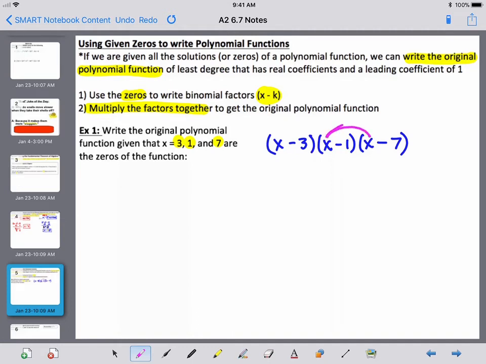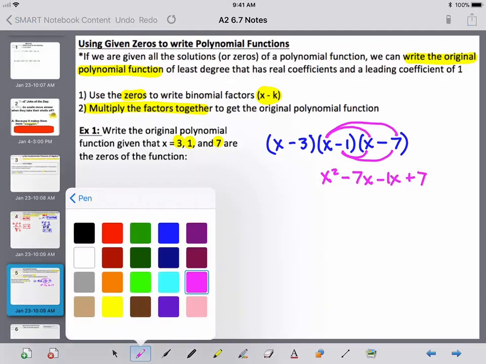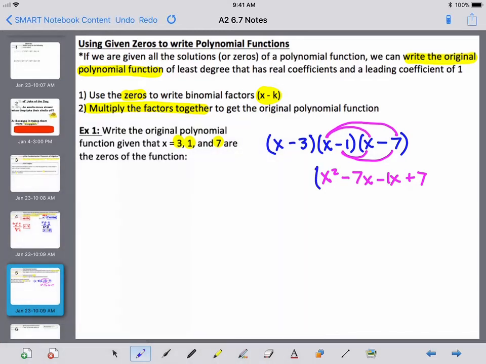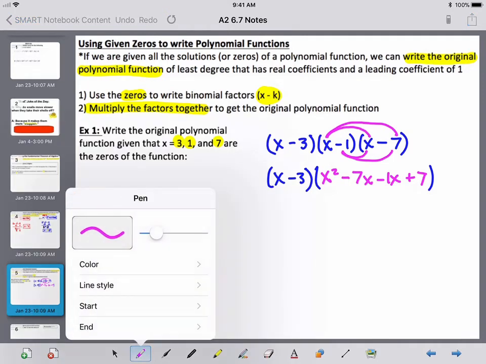So we're going to distribute the x, giving us x squared minus 7x. And then distribute this negative 1, giving us minus 1x plus 7. All right, and then we will just bring down the x minus 3. And we're going to distribute that one more time.